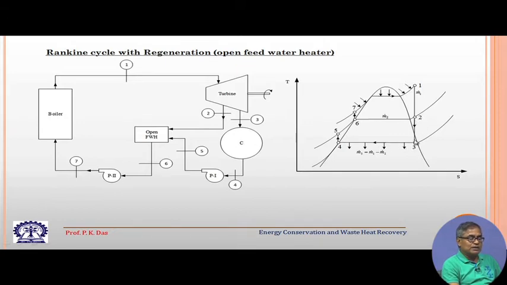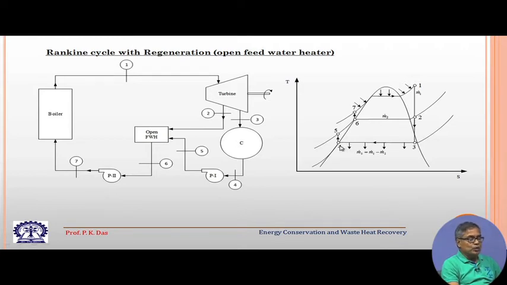This condenser pressure is given, so we can equate the entropy of point 1 and point 3, and as pressure is known, this enthalpy also we can calculate, and this state point is completely known. Then from point 3 we can move to point 4, where it is saturated liquid, and we can calculate the enthalpy at this saturated liquid condition. So, that is also known.